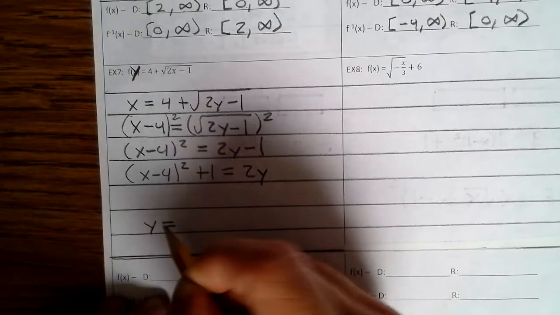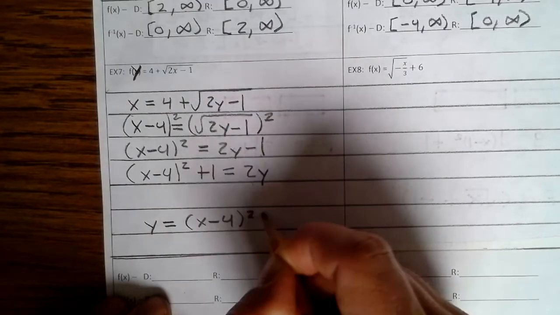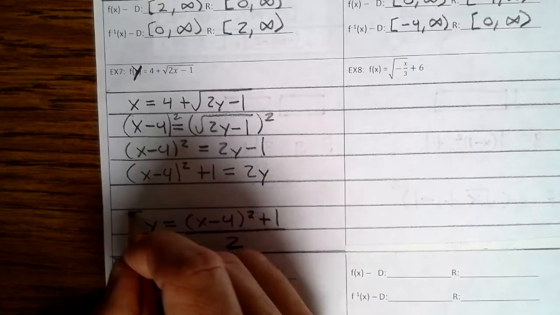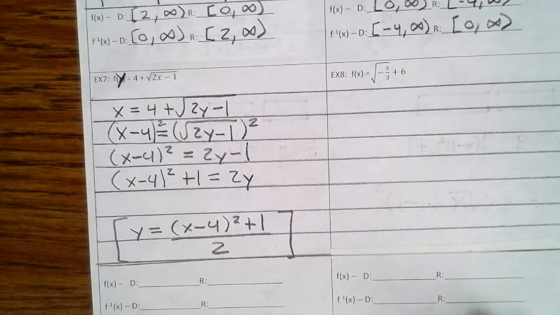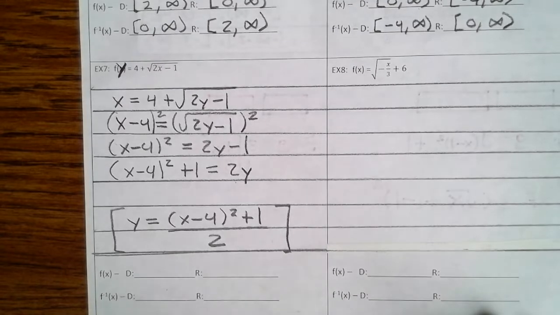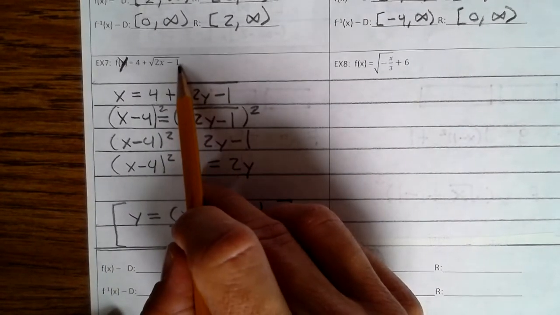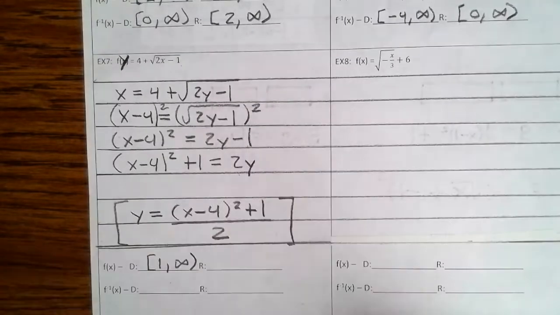Okay? Now, domain and range, let's go back to the original function. That minus 1 moves the domain to the right 1, so it's bracket 1 to infinity. And then range, it went up 4, so it's 4 to infinity. And real simple, range becomes domain, so bracket 4 to infinity.